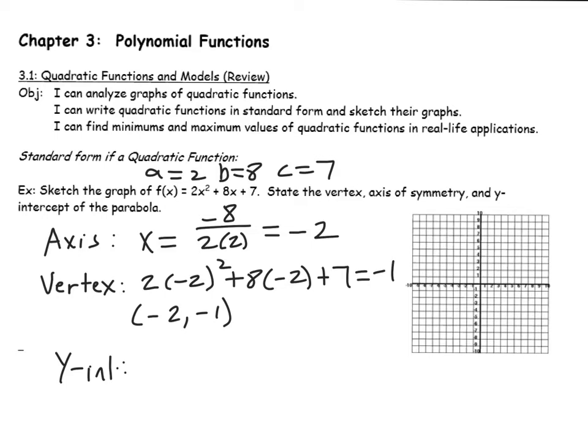So there is our vertex. In standard form, the y-intercept is always a breeze. It's the y value you would get if you plug in 0, but it's also always c. I'm going to do one more thing when I graph this. I want to reflect a point across, but we'll do that here in a minute.